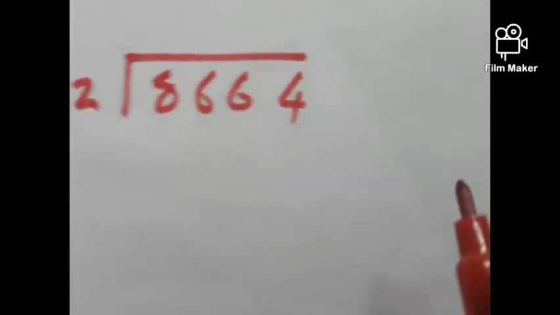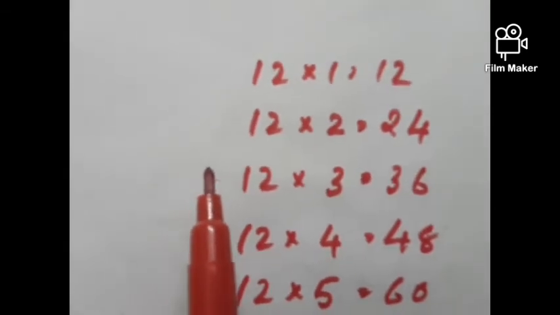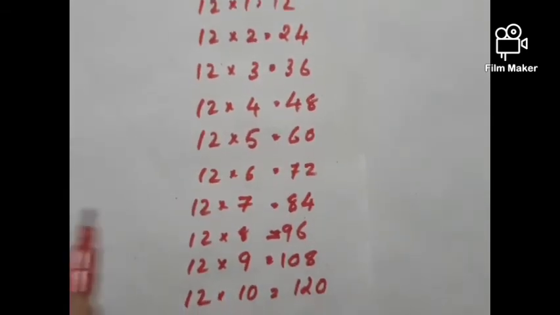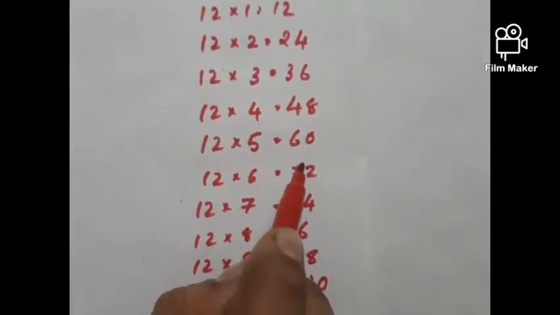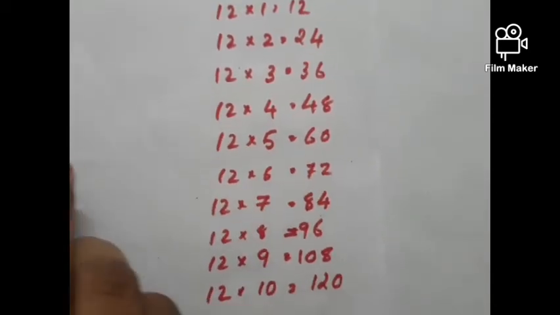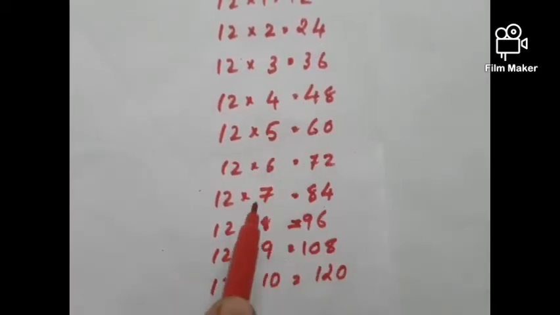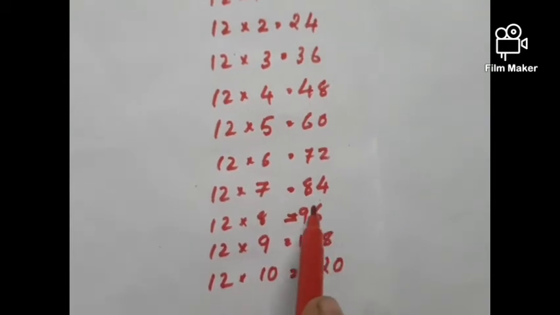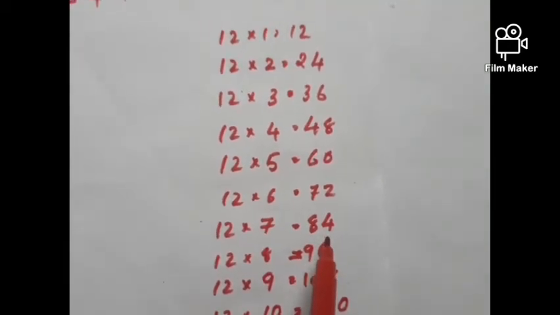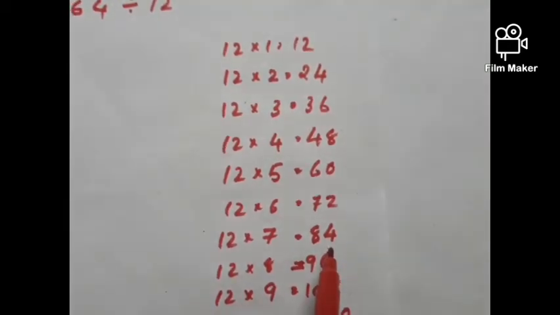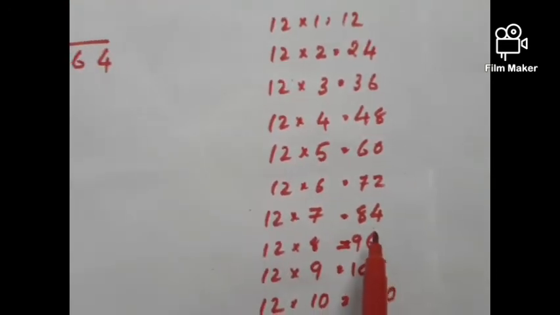Look at the table. We must consider the multiple of 12 that is less than or equal to 86. Okay, here 12 into 7 equals 84. Isn't it? This is less than 86.